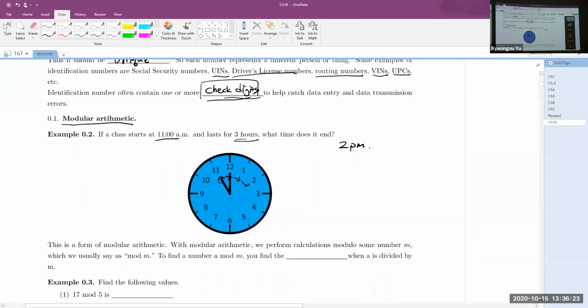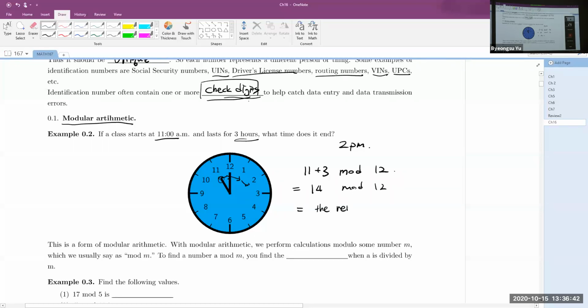In this situation, what we did is actually (11 + 3) mod 12, which is nothing but 14 mod 12, and that is the same as the remainder of 14 divided by 12. That's the definition of modular arithmetic. We call it mod m, or mod some number.